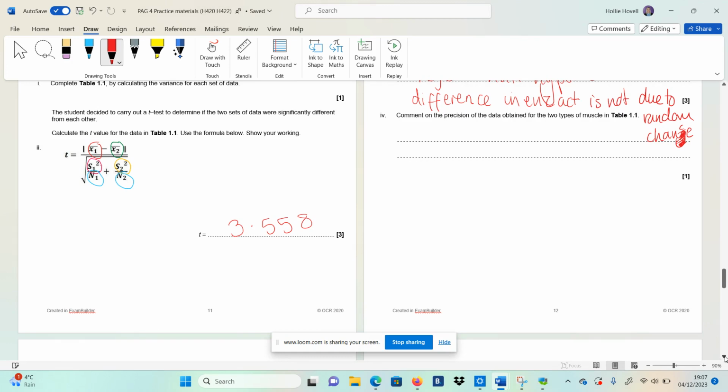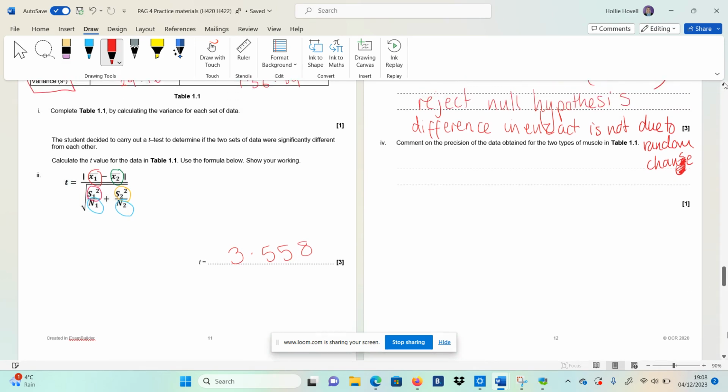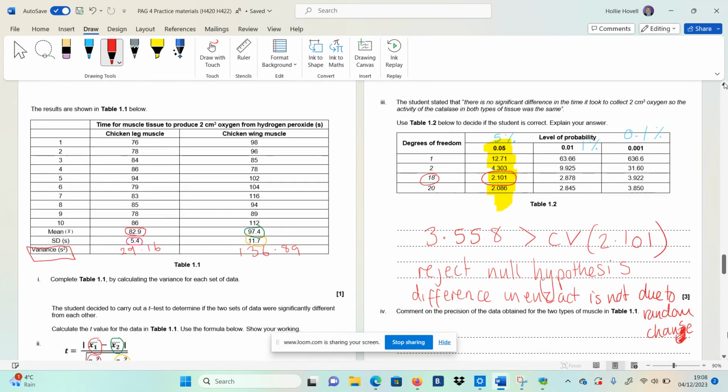Okay, so precision this time. So precision means basically how close together the results are. Okay, so how close together are our results? So we look in our table. Okay, so when they took 10 samples, how close together are our results there? How close together are our results there?